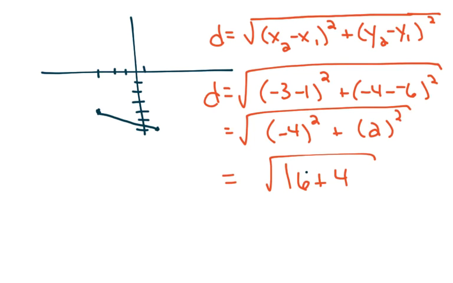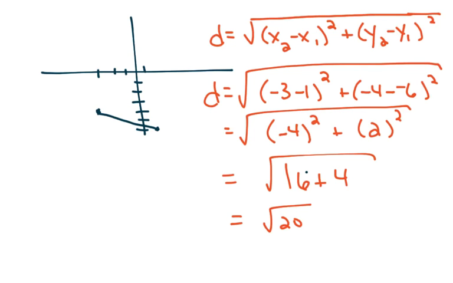So I end up with the square root of 20. The square root of 20 is approximately 4 point something. And the reason that I know it's 4 point something without putting it in a calculator is because 4 squared is 16 and 5 squared is 25. So the square root of 20 has to be between 4 and 5, probably a little bit closer to 5.